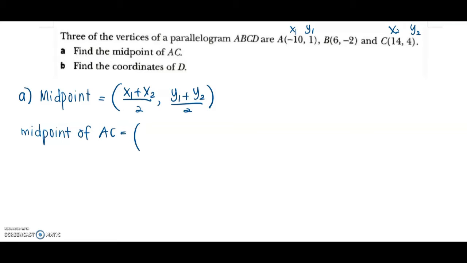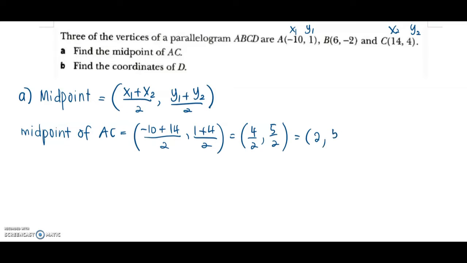So x1 is -10 plus x2 is 14 over 2, comma, y1 equals 1, y2 equals 4 over 2. So 4 over 2 and 5 over 2. So the midpoint is (2, 5/2).